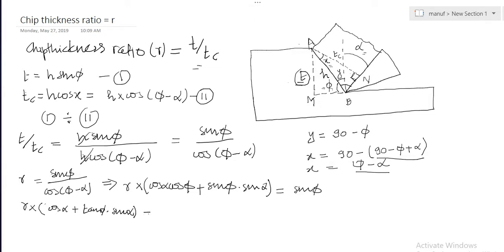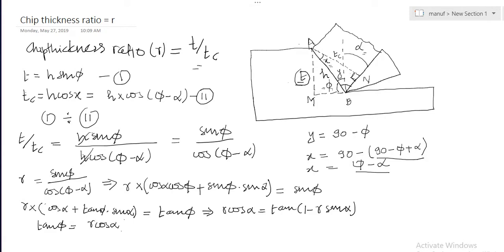Now this r cos alpha equals tan phi into 1 minus r sin alpha. So I can write tan phi equal to r cos alpha on 1 minus r sin alpha.